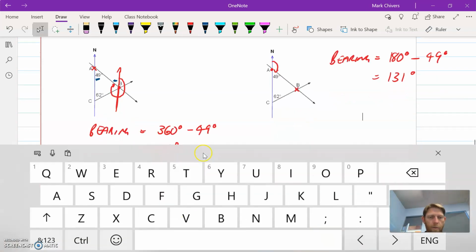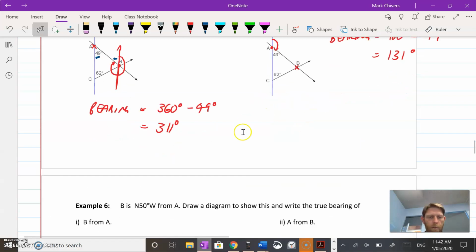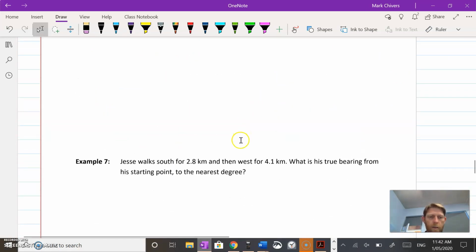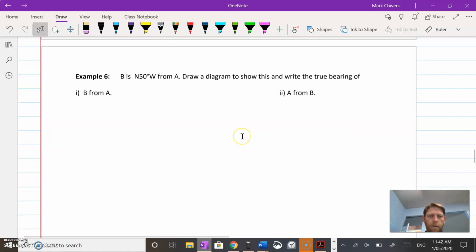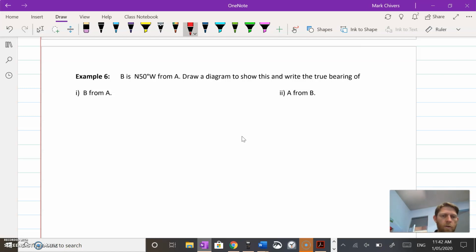All right, now we're up to questions that require a bit more, I'll quickly see if I can get through these two. So B is north 50 degrees west from A. Draw a diagram to show this. So if this is A here, B is there, and my angle in here, oops, sorry, wrong way.